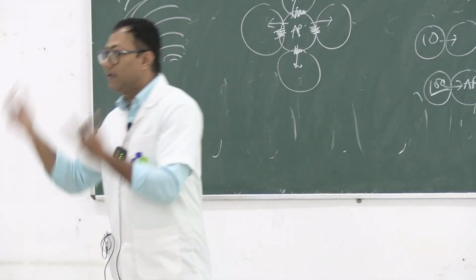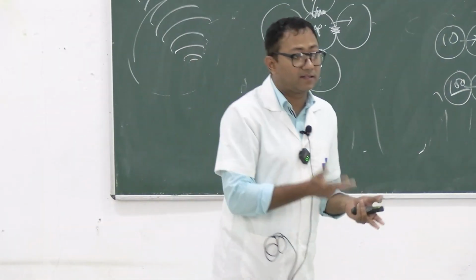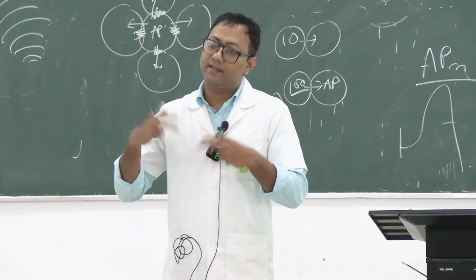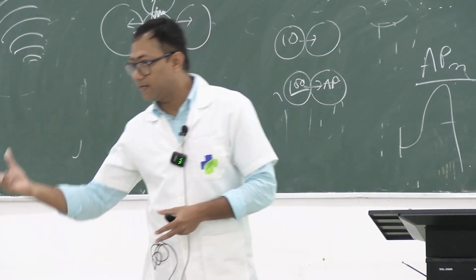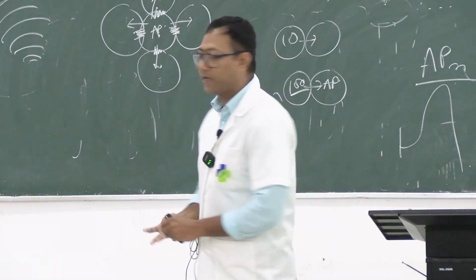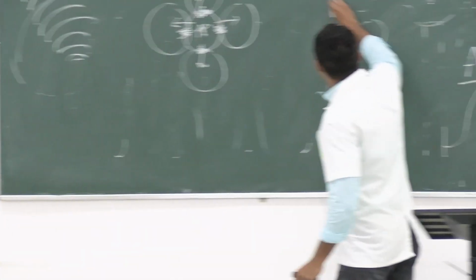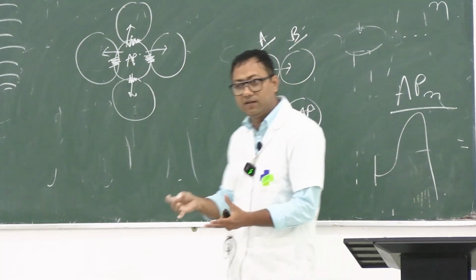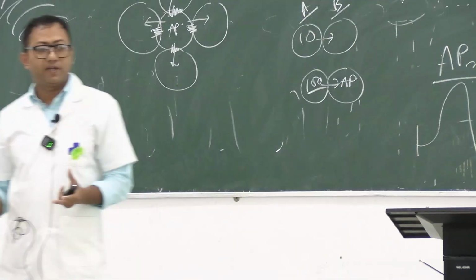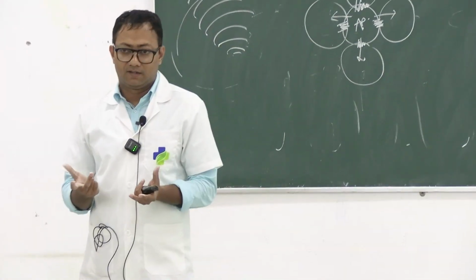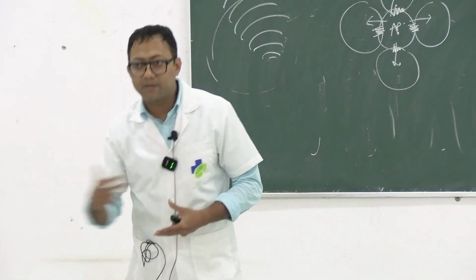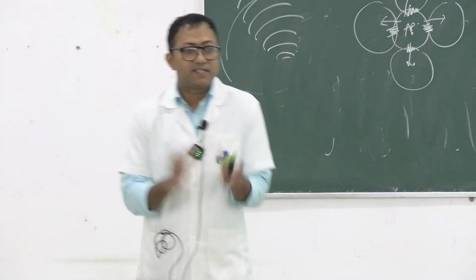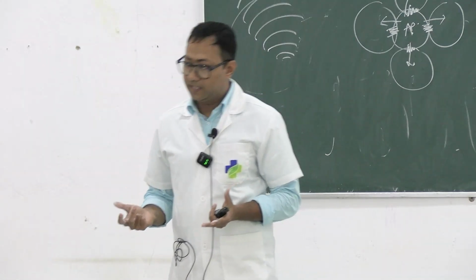If the action potential has to travel from one cell to another, there must be some way, and the way is the gap junction, which is nothing but simply a tunnel made up of 6 proteins by this cell and 6 proteins by that cell, okay? Cell A contributes 6 proteins, cell B contributes 6 proteins, connexin proteins, and there is a tunnel. Through this tunnel, ions can pass, voltage can pass, right? So the neighboring cell is also depolarized. Clear?